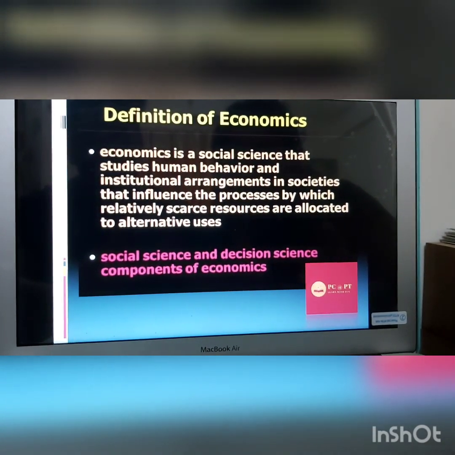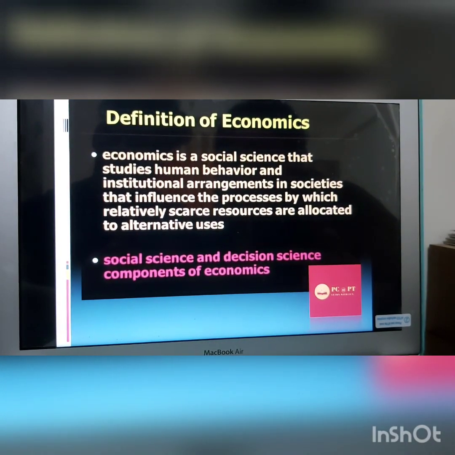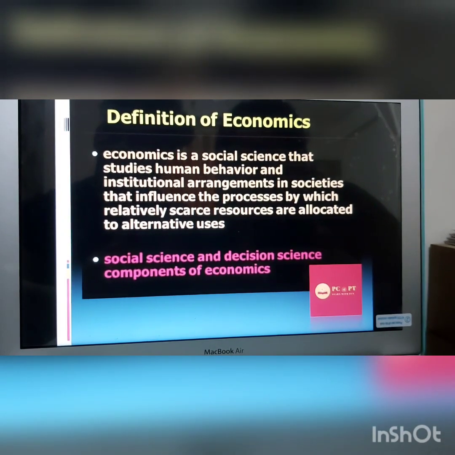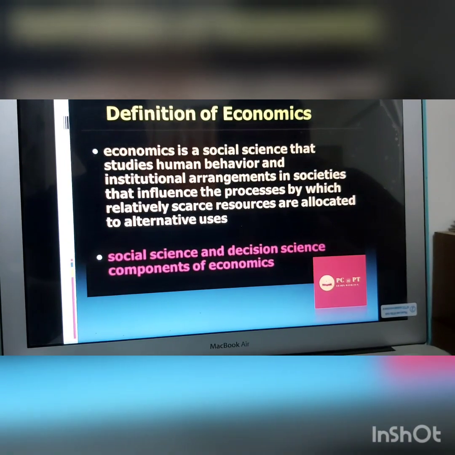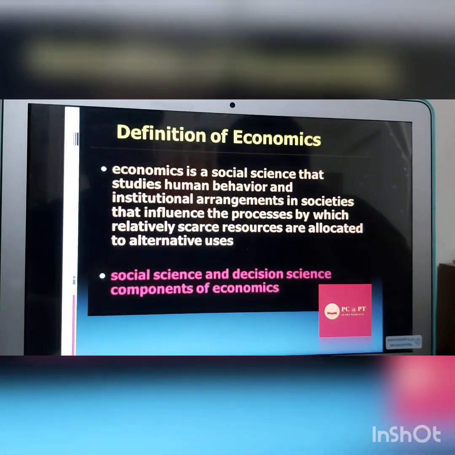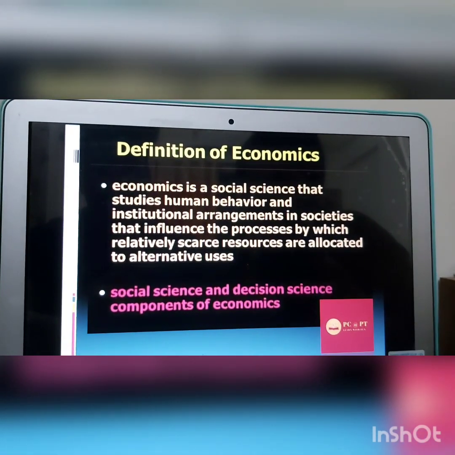The word social science means related to our society, human society, that studies human behavior. So human behavior here is not your joy, sorrow. Here human behavior relates to the demand, supply, then utility, such human behavior of people, and institutional arrangements in society.